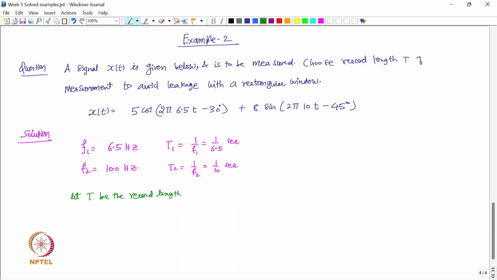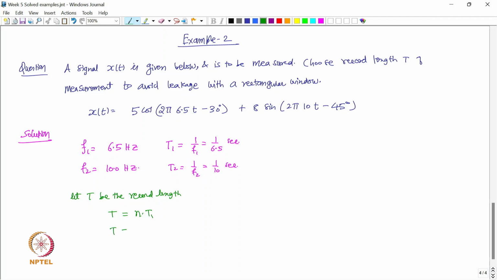For completing an integer number of cycles of f1, we can say that T should be equal to n into T1, where n is the number of cycles of frequency f1.